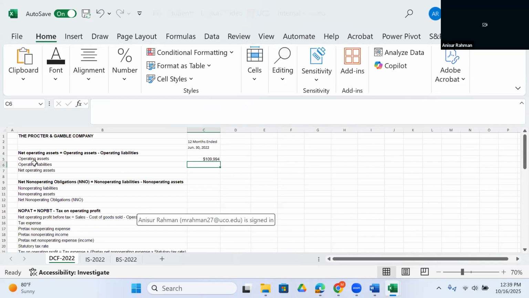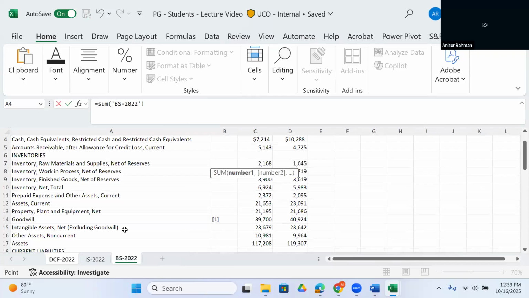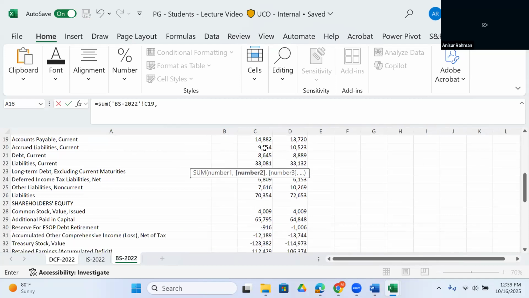Now, operating liabilities. Enter equal, sum, open parenthesis, go to balance sheet again. For liabilities, accounts payable, yes. Accrued liabilities, yes. Debt, no. Deferred income tax, yes.